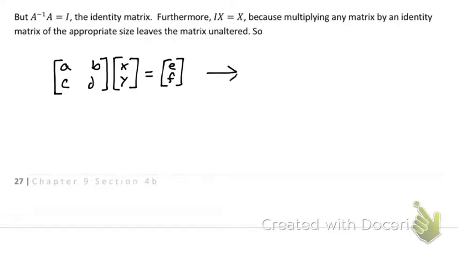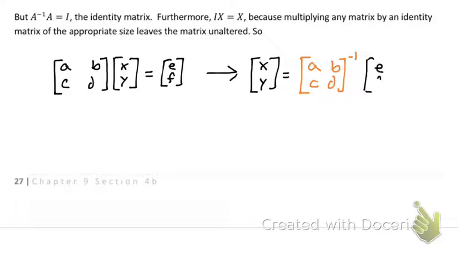Then we're going to do some math yoga. In that math yoga, we're going to find the inverse. We're going to multiply that inverse on both sides. And we're going to result in something that looks like this, that we have x over y equals, and making sure we put the inverse first, we're going to have a, b, c, d, but we're going to put the little inverse symbol up there to say, okay, it's not actually a, b, c, d, it's inverse, multiplied by e and f.